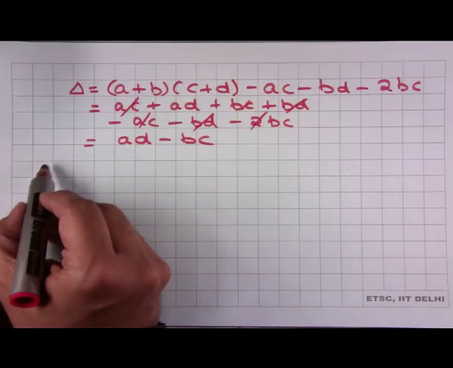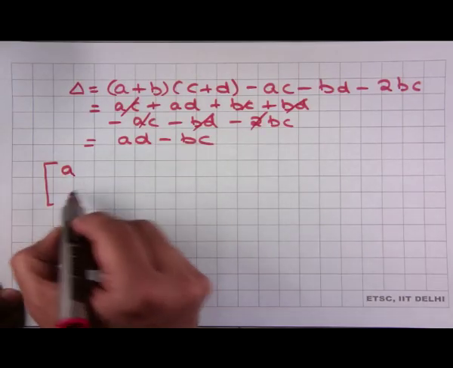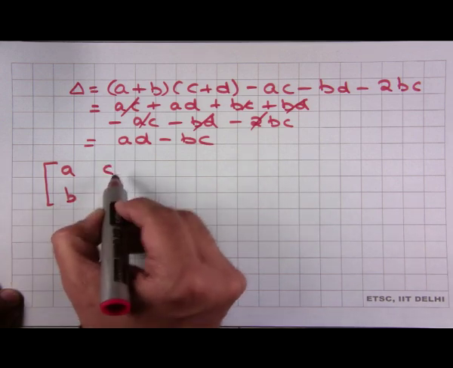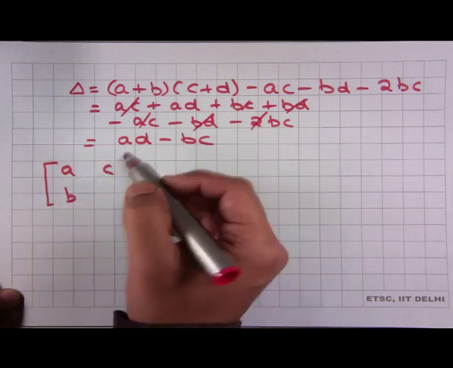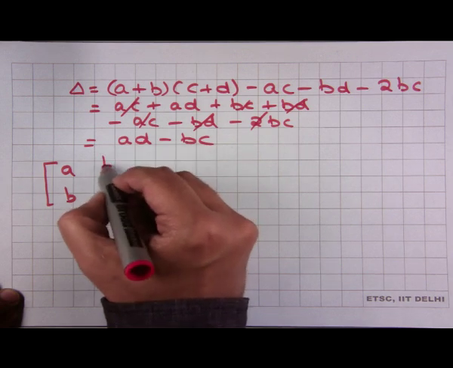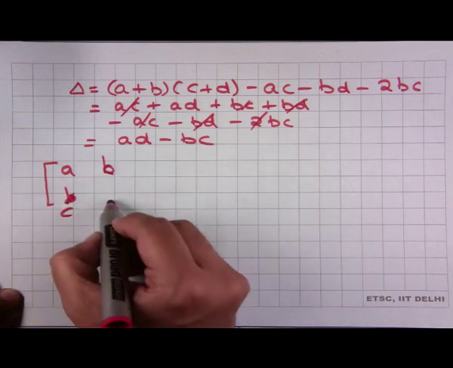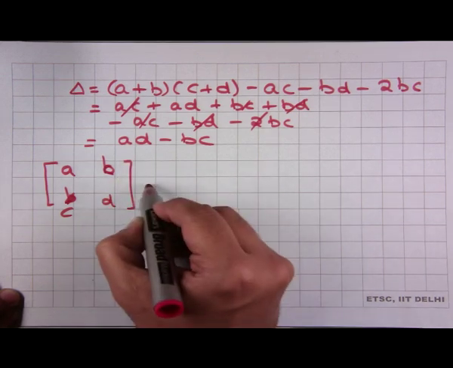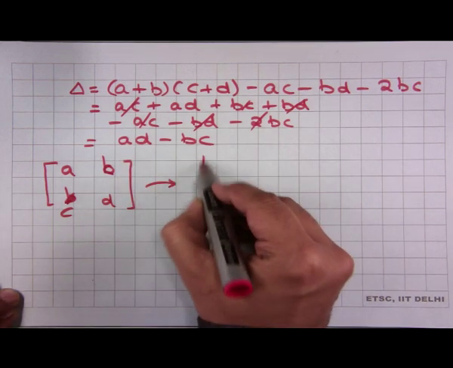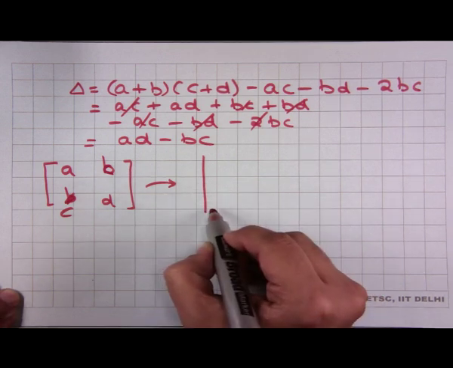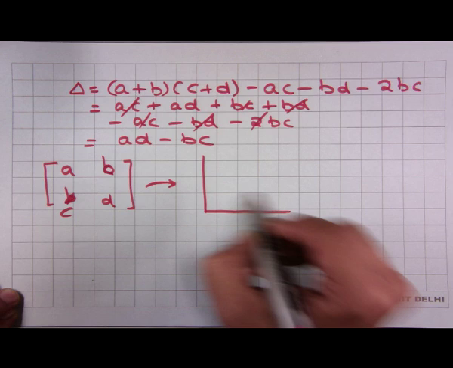In other words, here we have said, okay, we have a, b, c, I think it was the other way around, this was a, b, this was c, this was d, and from here we went to this geometric idea of a parallelogram.